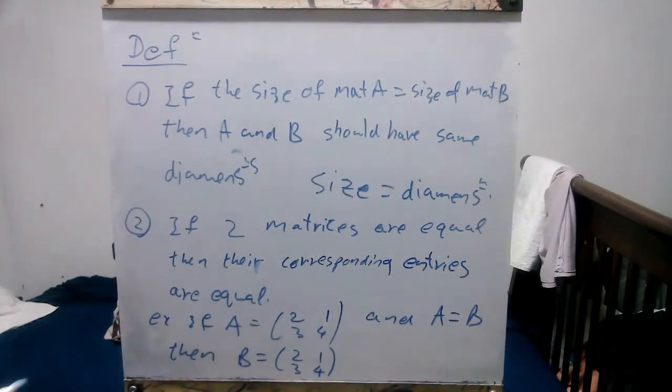If two matrices are equal, their sizes should be the same and their corresponding elements are equal.